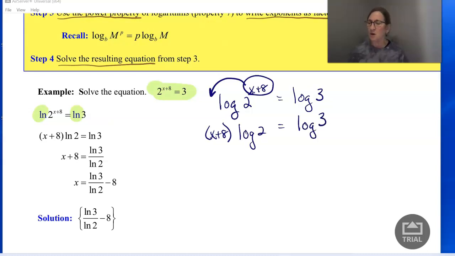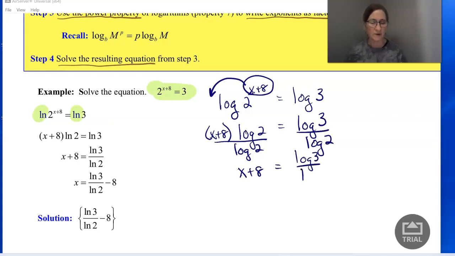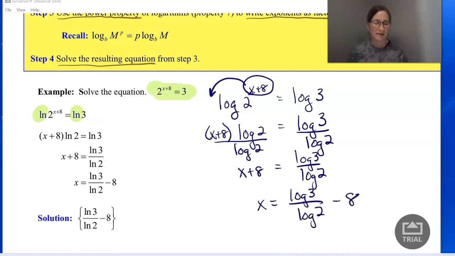Okay, I'm going to divide both sides by log 2. So I'm left with x plus 8 equals log 3 over log 2. I want x to be all by itself, so I get x is equal to log 3 over log 2 minus 8. And that's my answer.